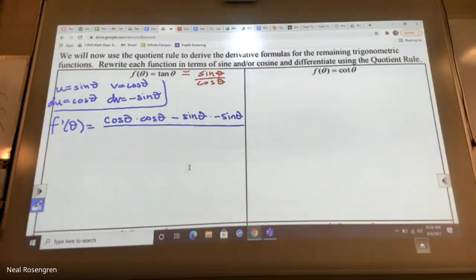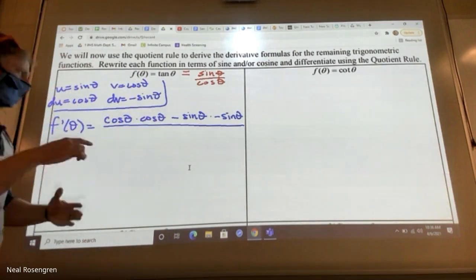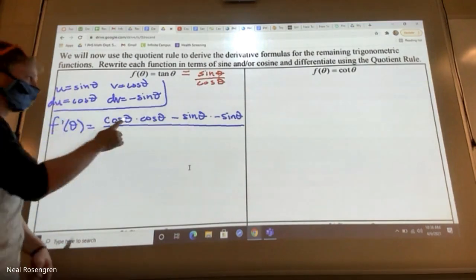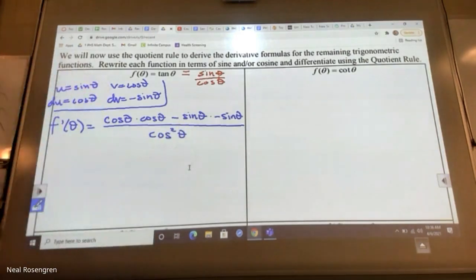And what goes on the bottom? V du minus u dv all over v squared. Okay, so cosine squared. I could write it with parentheses around it and put the squared on the outside, or we can just write it as cosine squared. But remember, that's just cosine times cosine.